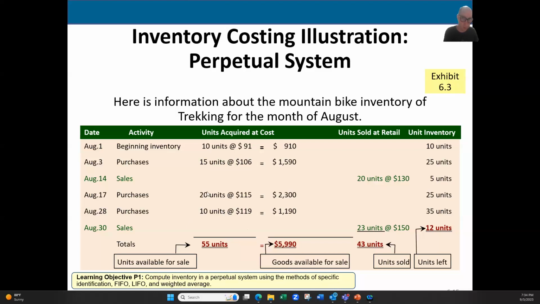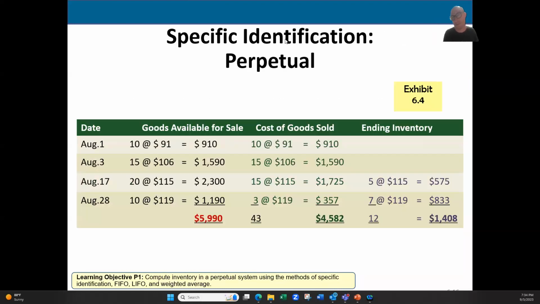So, first let's look at specific identification. Specific identification is exactly as it sounds. It's unique. They're kind of like one-off. They have serial numbers on them. It's based off of the individual units. Simple. Very straightforward. Okay.